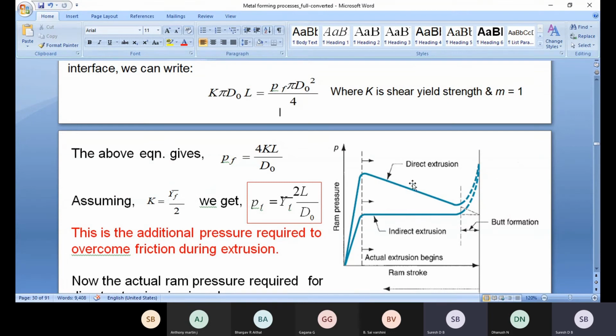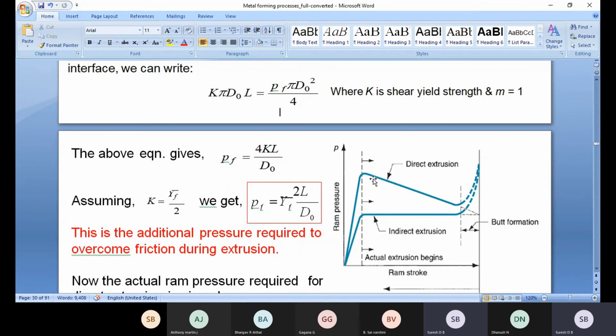Suppose you go for direct extrusion process. In the beginning, a maximum amount of force or load is required to compress the material, and finally at the end of the stroke or end of the extrusion process, a minimum amount of force is required to push the material, because in the beginning a maximum amount of material is present inside the container. At that time, maximum load is required.